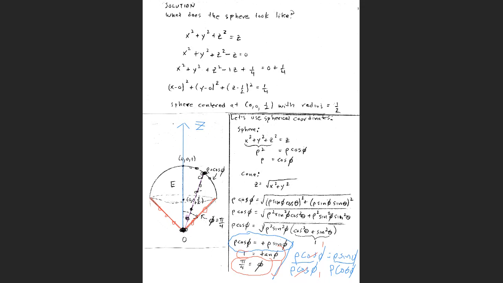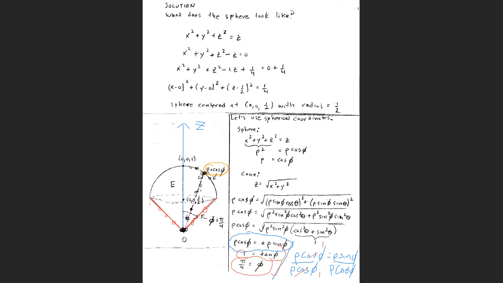Well, how about this? Rho equals cosine phi for any point. Well, I mean, for this little line segment I drew, of course, phi would have a certain value.